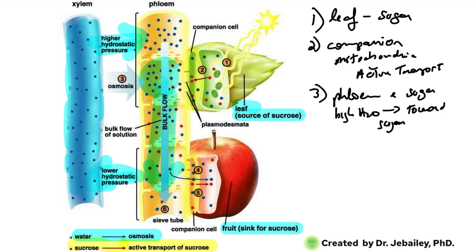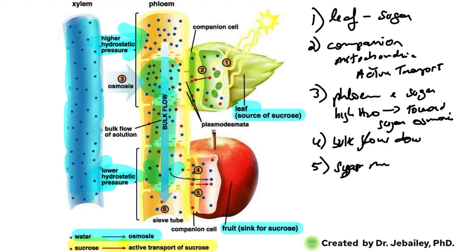And this is where you can also talk about the osmosis, and then talk about the bulk flow that is going down. And then 5, again, the sugar moving to the fruit, again through active transport. And then 6, the water going back to the xylem through osmosis again.